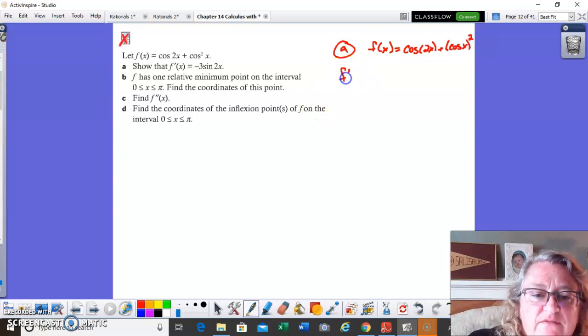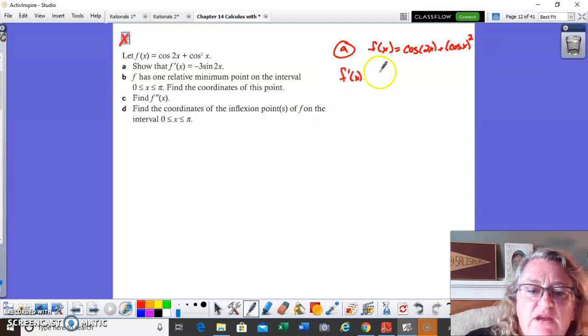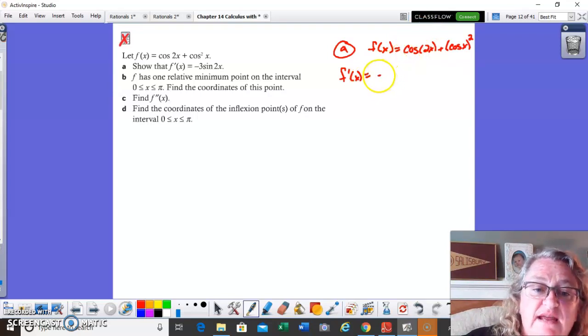Okay, so that means my first derivative, to do the chain rule of this one, we need the derivative of cosine, which is negative sine, and then we're going to multiply that whole thing by the derivative of 2x, which is just 2. So if I simplify just that piece of it, I get negative 2 sine of 2x.